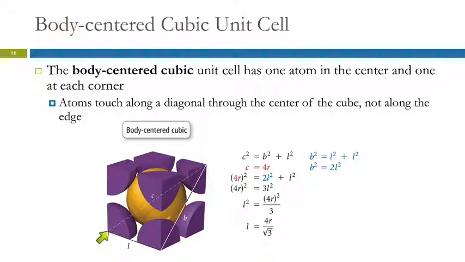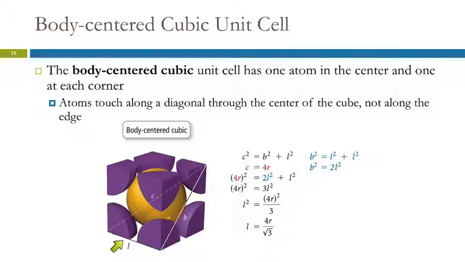So now the atoms do not touch along the edge. So the length of the edge is no longer 2R. It's longer than that. So to calculate it, we have to look at some dimension of this cube where the atoms do touch. And they're going to touch from this corner through the center up diagonally to the other corner. That distance is R, and here's R again, and R, that's 4R.